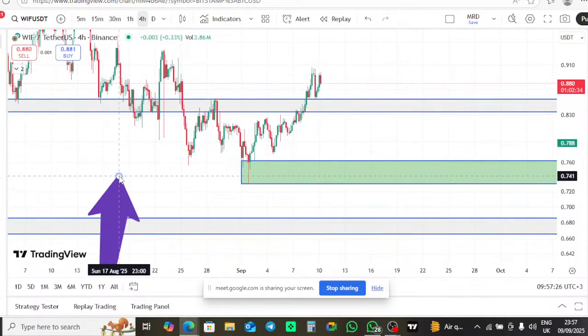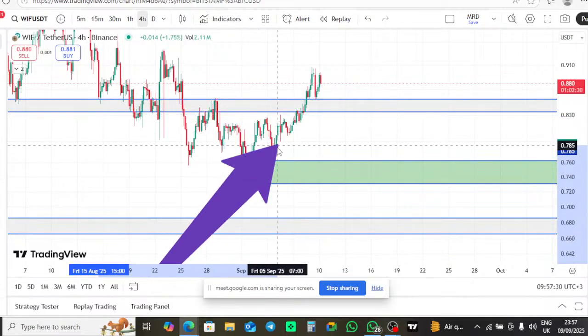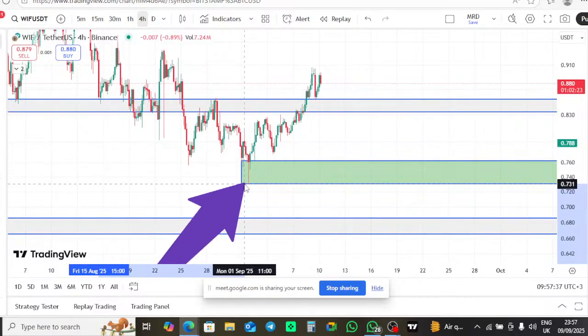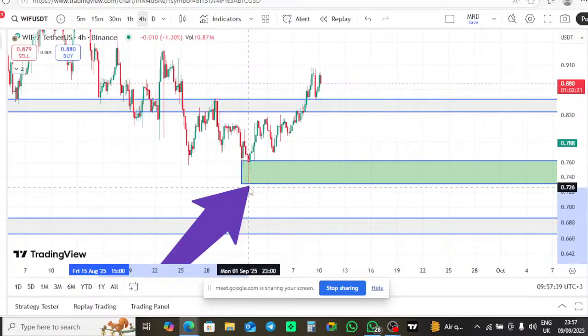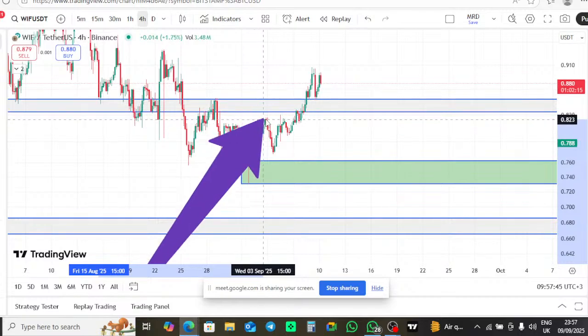The market rejected the area here. It came back, it stopped along the way. It never passed through the line to break this previous lower low. Therefore, this area is important for us, and likely we are focusing here.